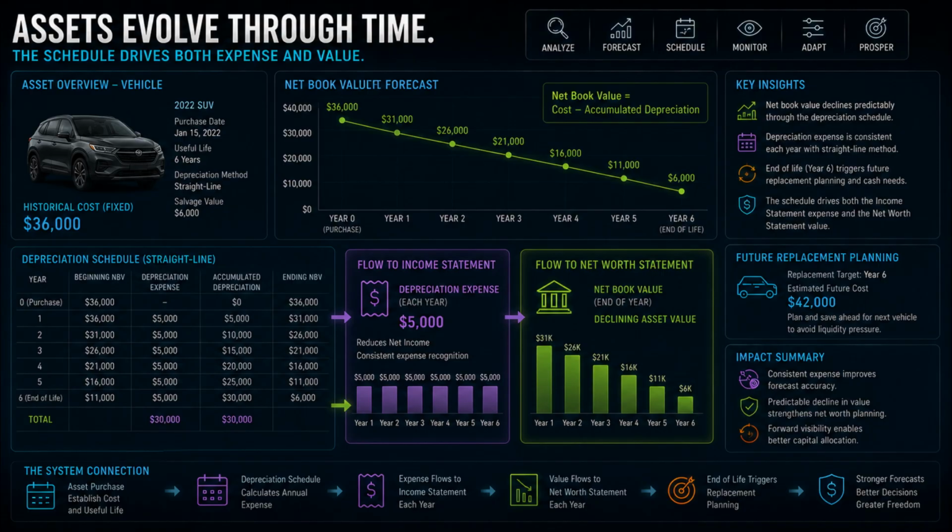This is another example of interconnected forecasting architecture, because one schedule affects multiple statements simultaneously. And eventually, depreciating assets create future replacement pressure, which creates future liquidity requirements.